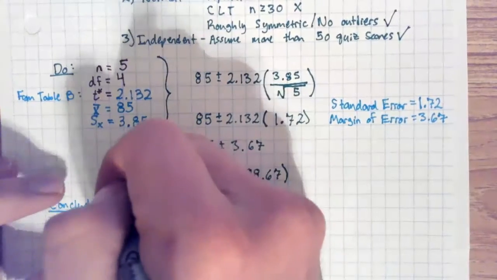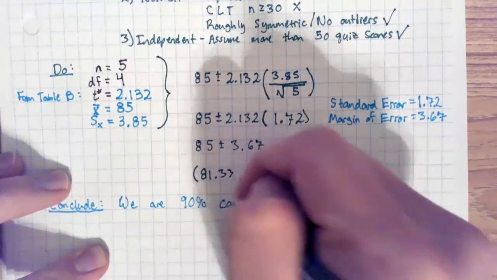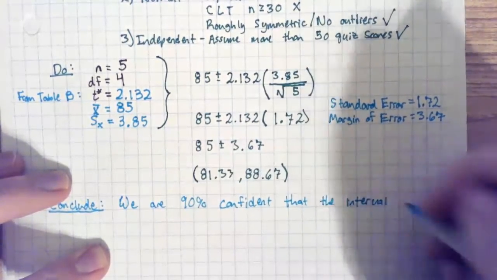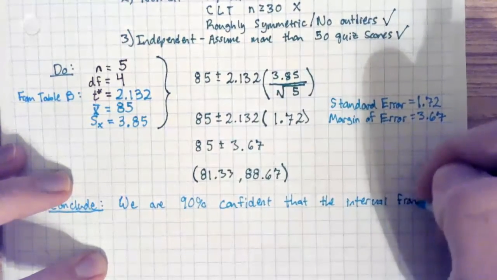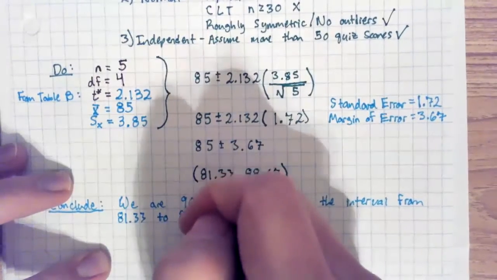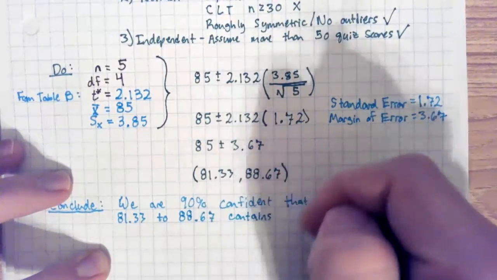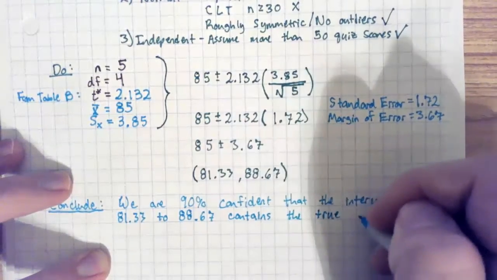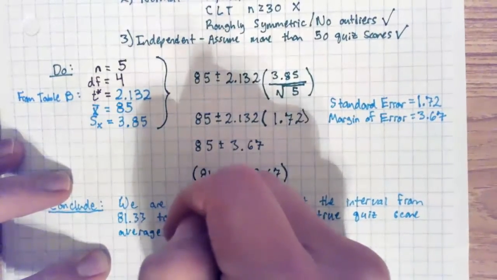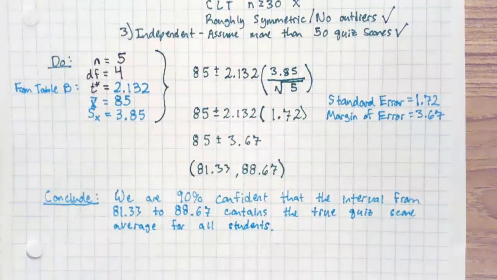We could say something along the lines of, we are 90% confident that the interval from our lower amount, 81.33, to the upper limit, 88.67, contains the true quiz score average for all students, at least for all students that took that quiz. And that would be good enough.